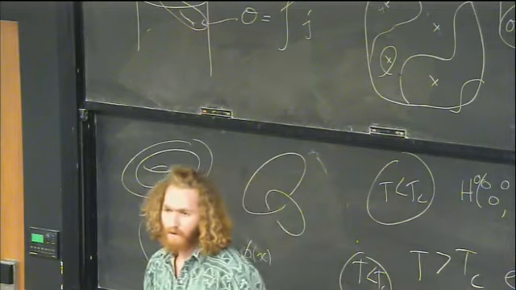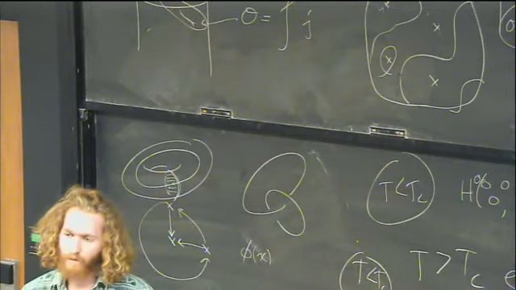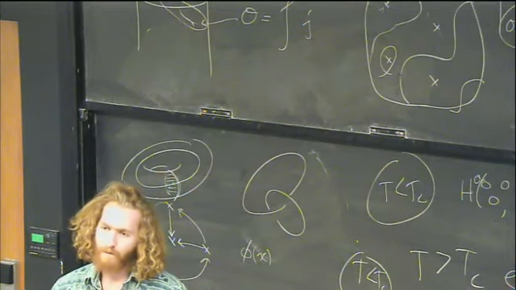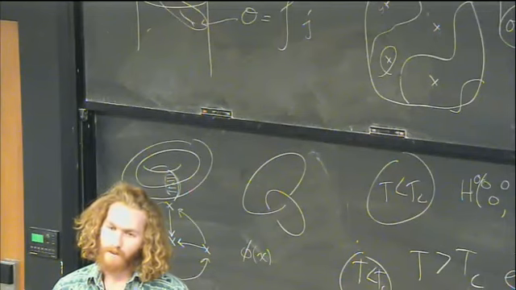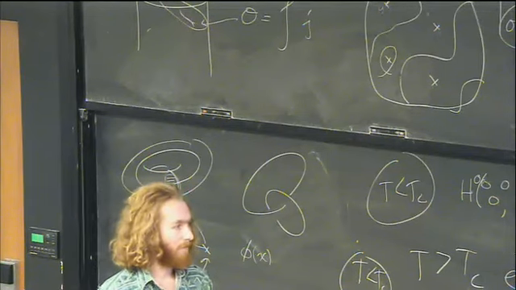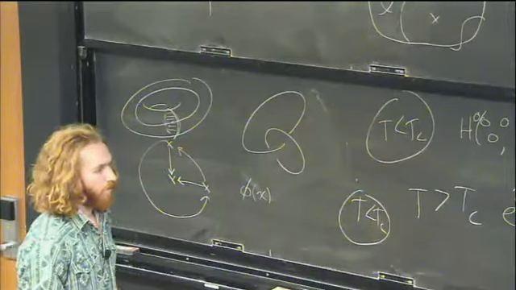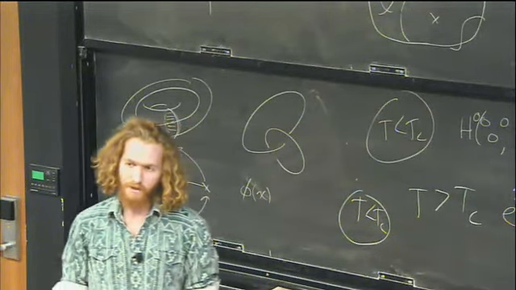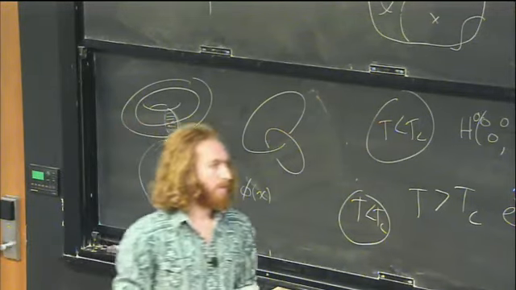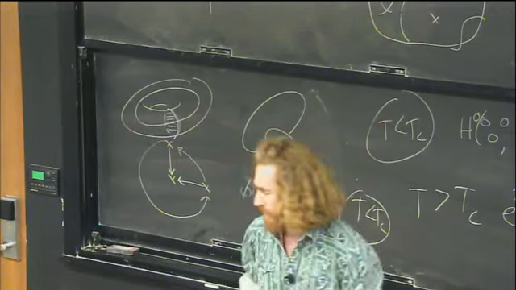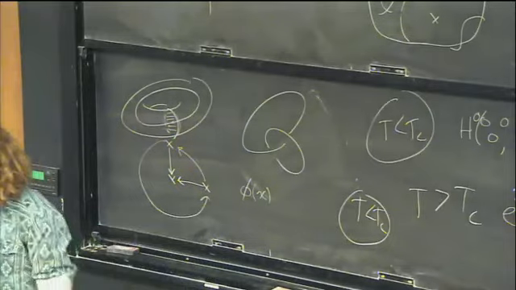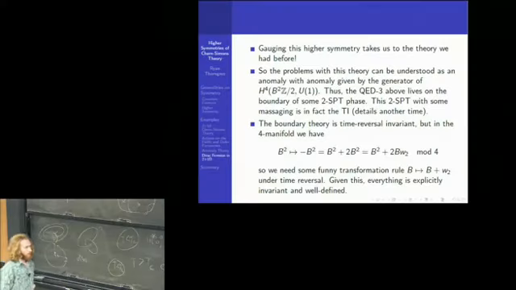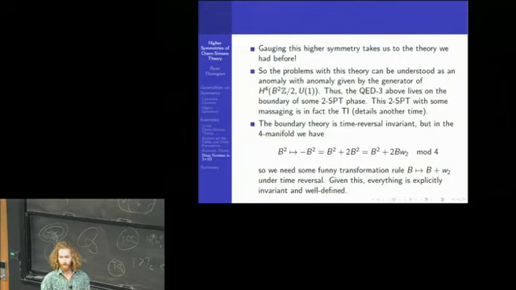Some orders which have the same higher symmetries but different something else. Certainly. So there's a whole theory of SPT phases protected by higher symmetries. One thing I've done here is re-express the TI as a gauged 2-SPT coupled to some fermions.